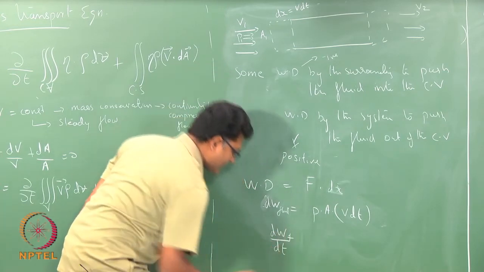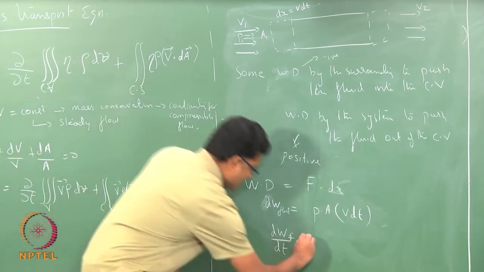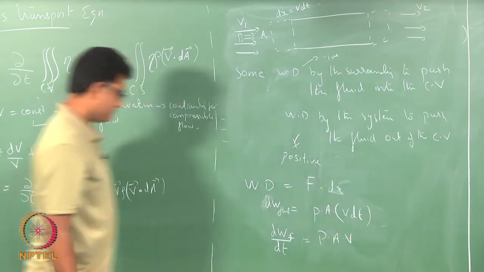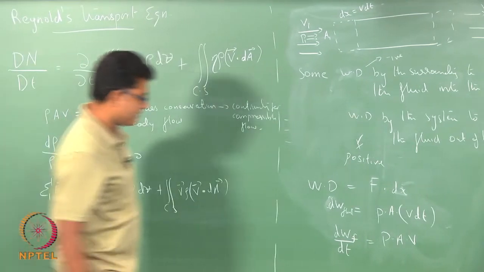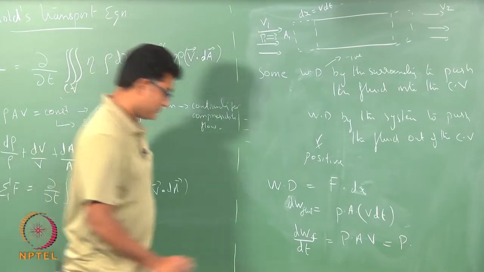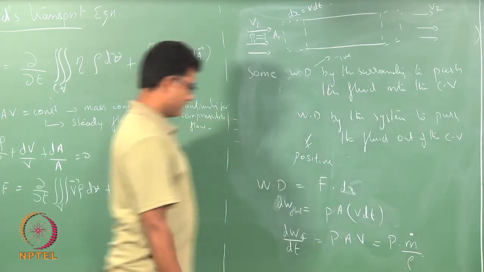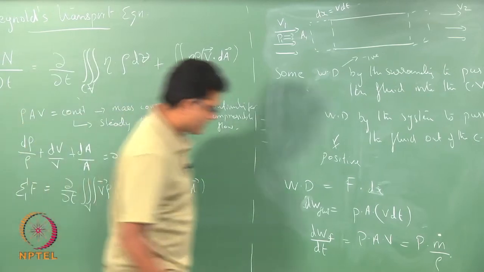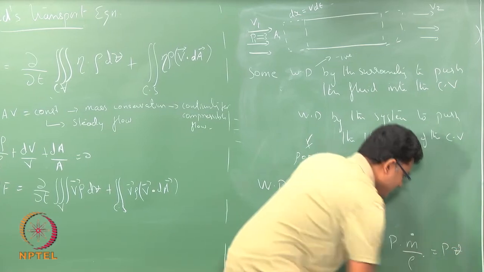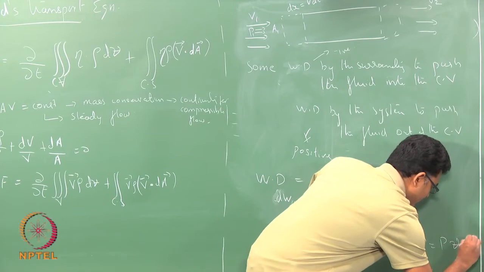So, dw by dt for the fluid equals P into A into velocity, which I can rewrite as P into m dot by rho, which I rewrite again as P into specific volume, small v, into m dot.